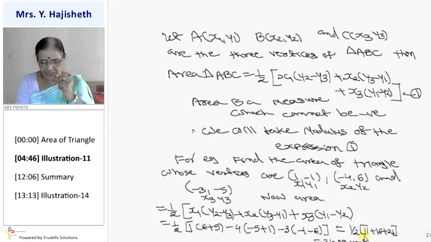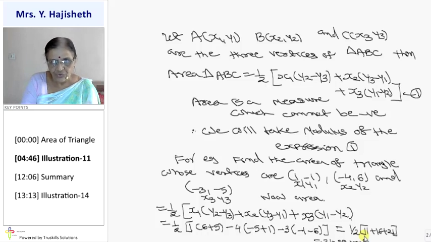I can give you some tricks also. Suppose you don't want to do it by this formula. Okay? Then there is another method. You just write down x1, x2, x3 and then x1 again.